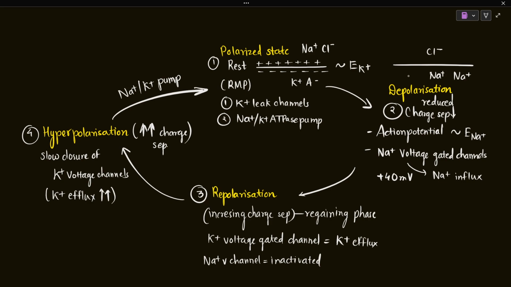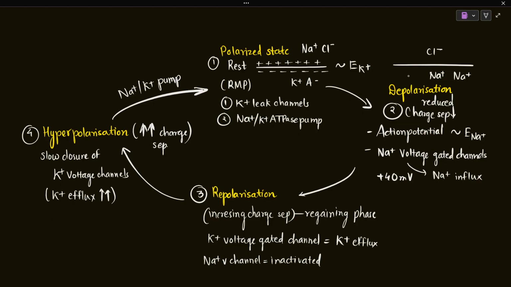Let me write this clearly. The potassium ion will move out, so this will start increasing the potassium ion levels outside the cell. So during the hyperpolarization state, the distribution of ions will be somewhat like this: more potassium ions outside and more sodium ions inside.